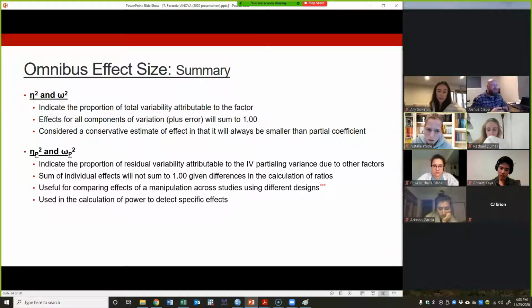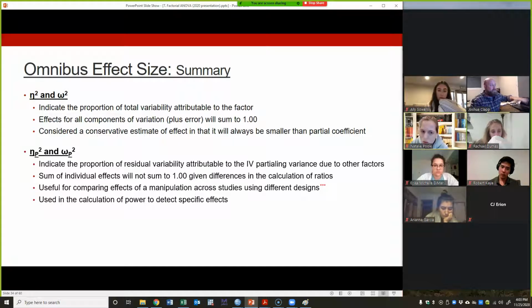If I add up my partial eta squared or partial omega squared for all of my individual effects, it's not going to equal 1, just because I have differences in the calculation of these different ratios. Again, useful for comparing studies across different designs. I've asterisked this. As we start to get into repeated measure designs, we get into a whole new ball of wax.